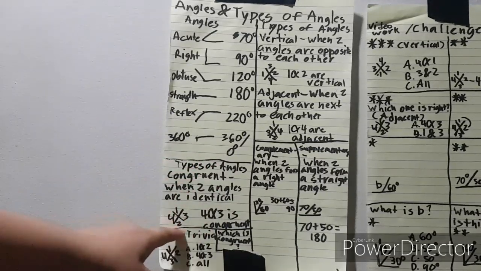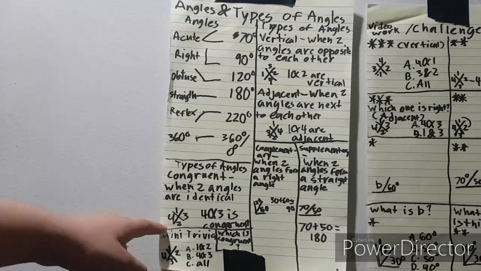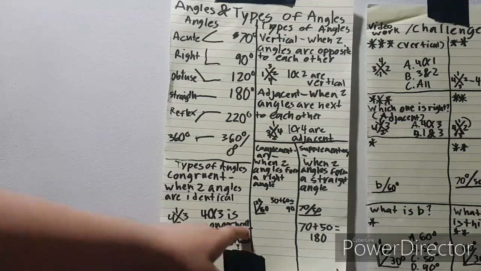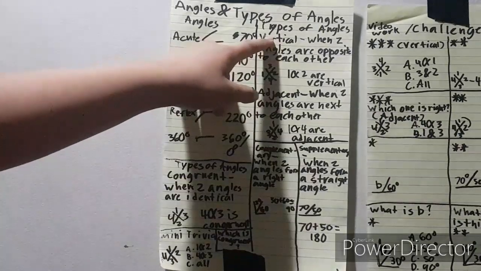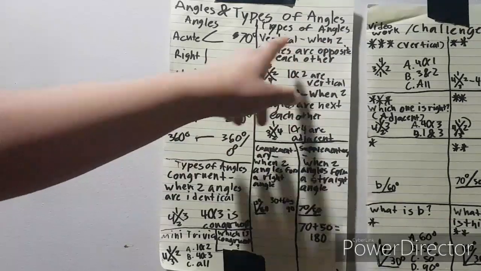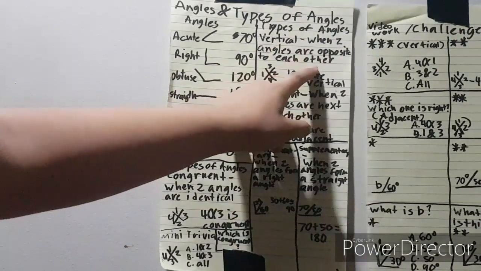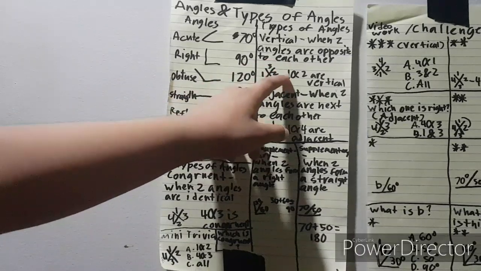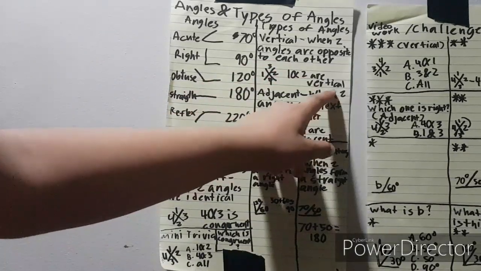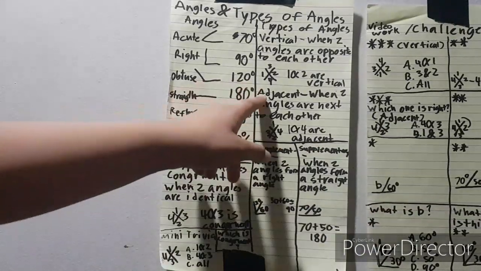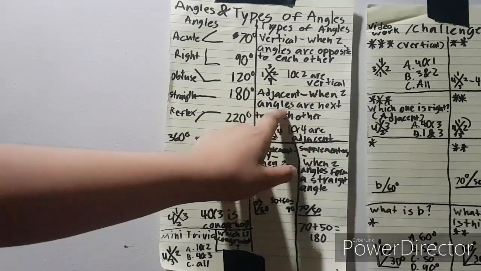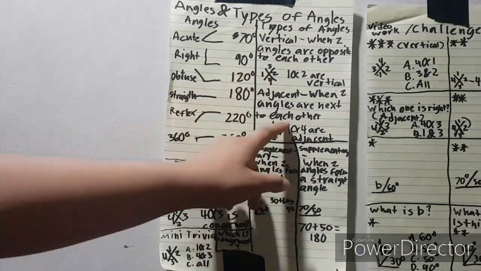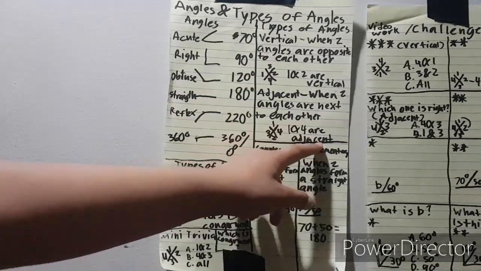Just like in this angle here, 4 and 3 are congruent. For vertical, it's when two angles are opposite to each other. Like this angle here, 1 and 2 are vertical. For adjacent, it's when two angles are next to each other. Like, again, the same one but different numbers, 1 and 4 are adjacent.